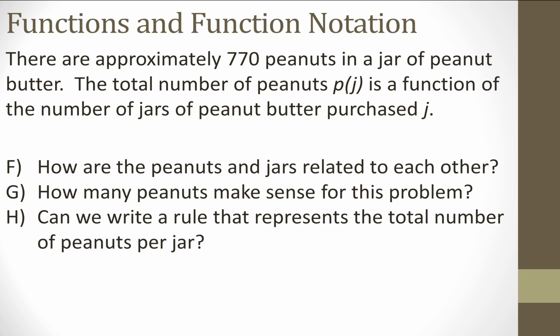Does the 770 change, or does the J, the number of jars? Yeah, it's actually the number of jars that you purchase that's changing. So it would be 770 times J. So can we write a rule? Yeah, that rule is 770 times J.